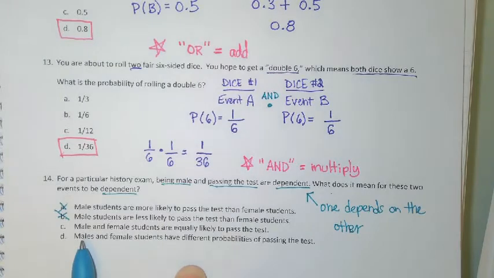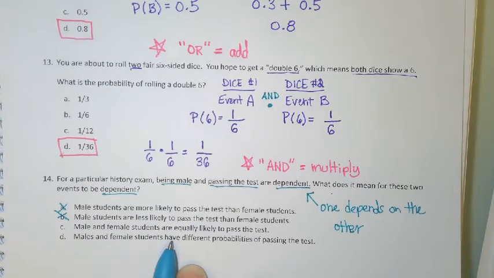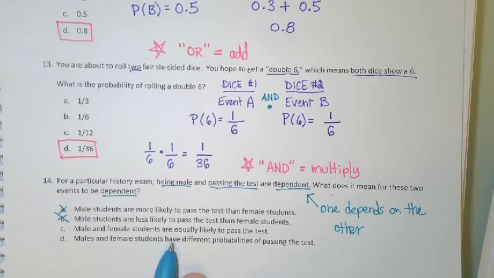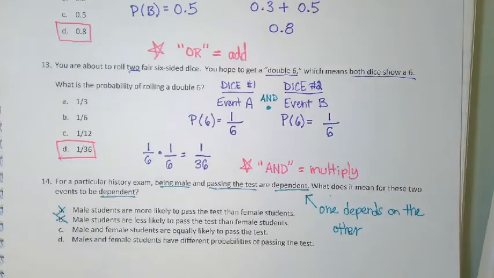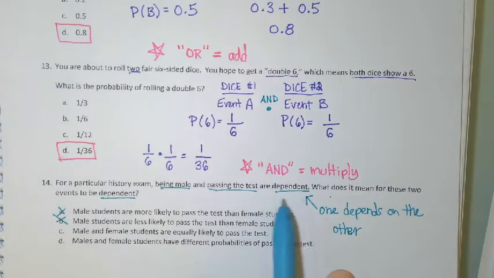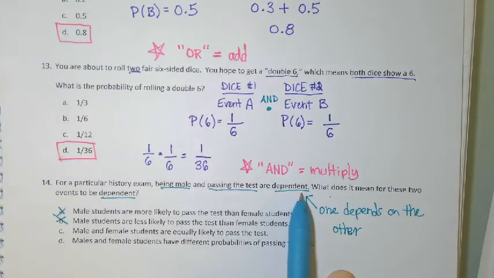Answer choice C: male and female students are equally likely to pass the test. That might seem like a reasonable conclusion. They're both equally likely. But in this case, we can actually rule that out because they told us that these two things are dependent.